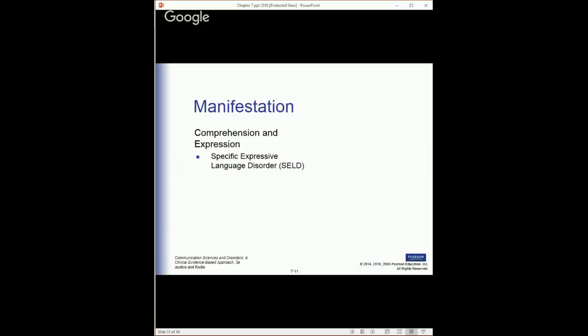Specific expressive language disorder is another term that could be used with this. A mixed receptive expressive language disorder can be given to children who show impairments in both comprehension and expression.